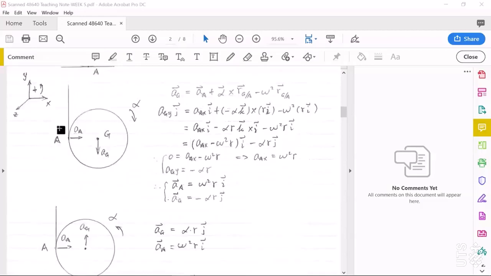A situation can be like this. In this case, A will be the contact point, and G, the circle center, has acceleration vertically downward. AA is acceleration horizontal. Okay, now that's AA and that's AG. Be careful of their signs.